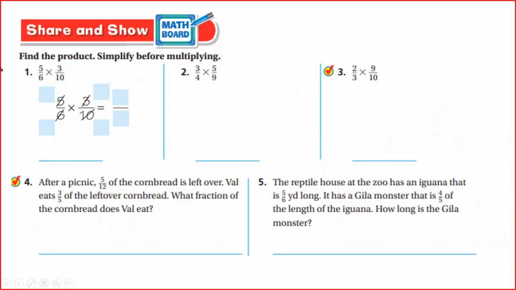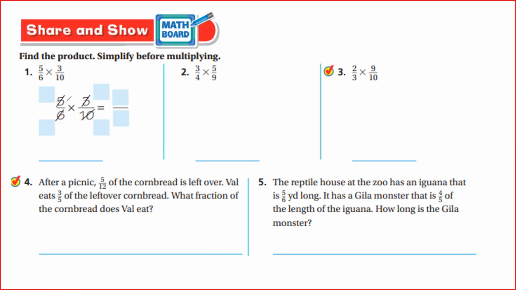Yes, teacher. Yes, Lama. 5 over 6 times 3 over 10. How do you simplify 5 and 10? Look at the least number. 5 and 10, which is the least? 5.